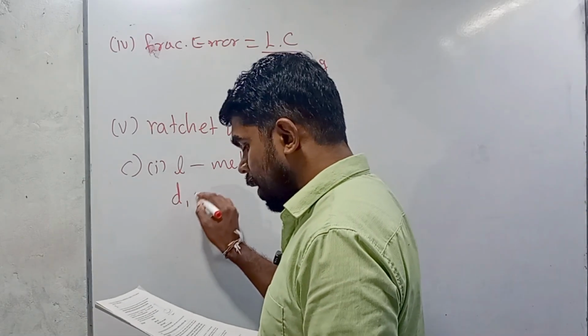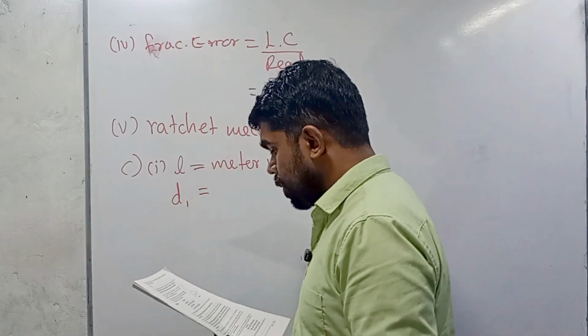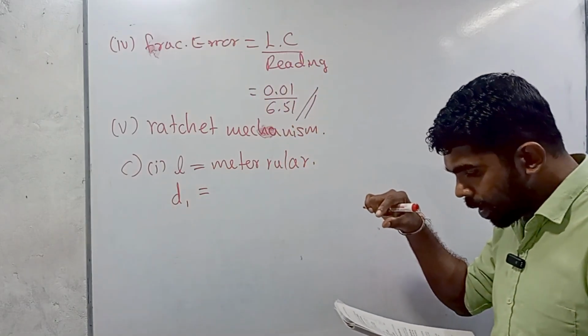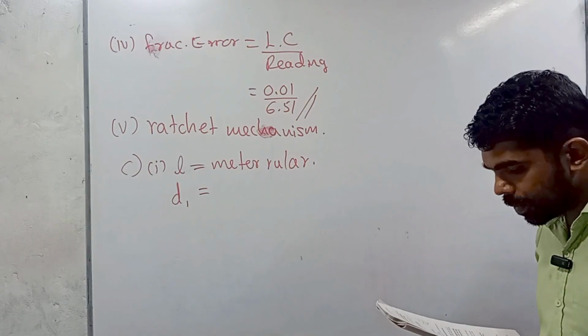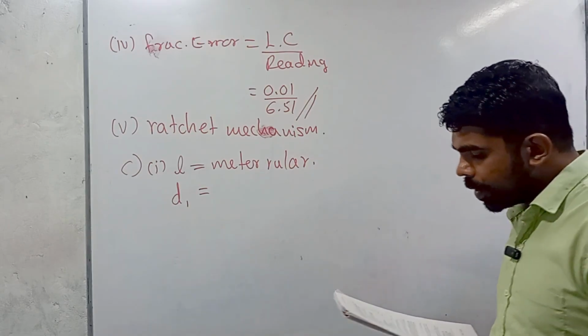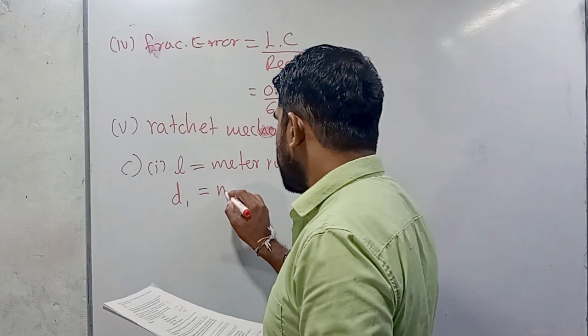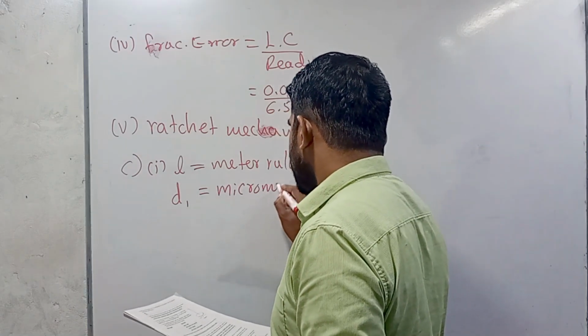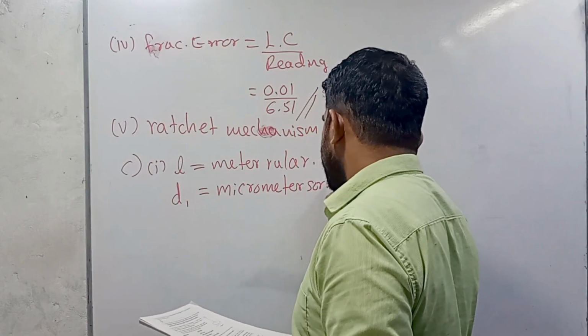Then D1. D1 is the diameter of the wire. It is approximately 4 millimeters. It is a small value. Therefore, we have to use a micrometer screw gauge.